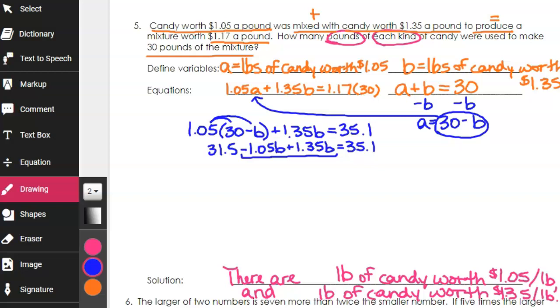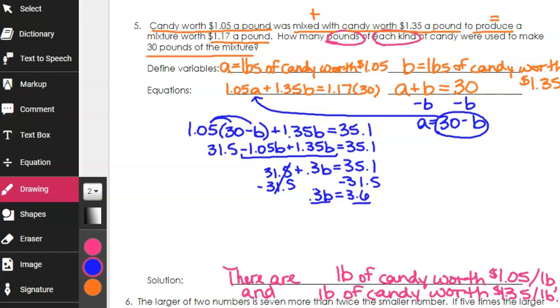It's like 35 minus 5. That's like 30. So we have 31.5 plus 0.3b equals 35.1. I'm going to get rid of my constant, move it to the other side. I have 0.3b equals that difference of 35.1 minus 31.5, which is 3.6.